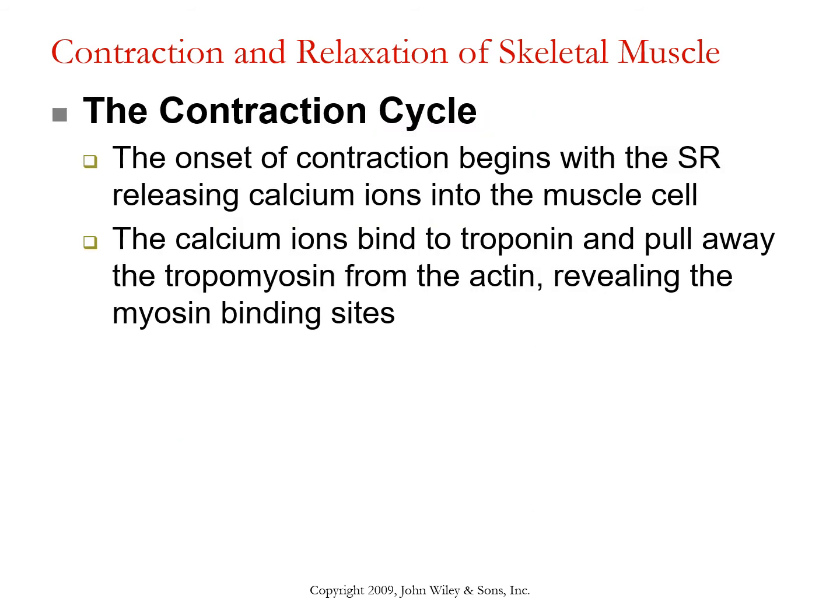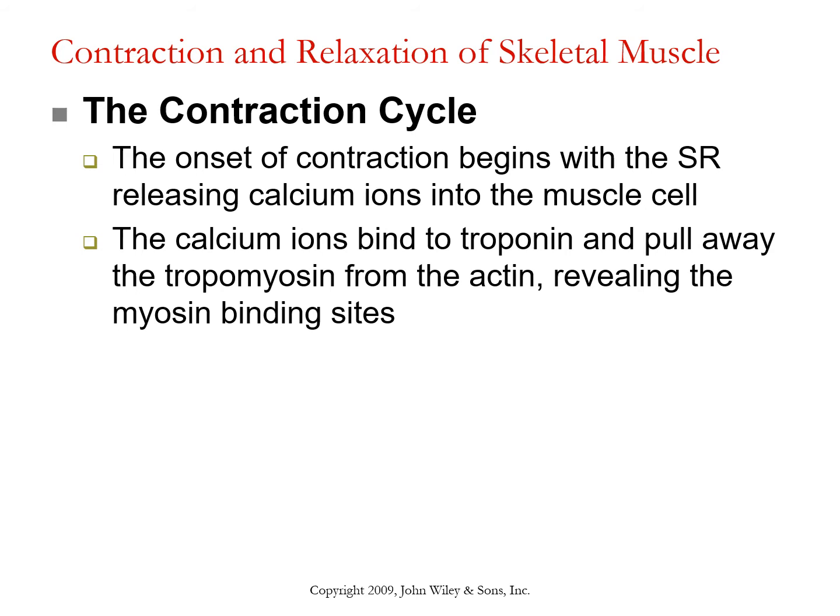All right, so now we're going to relate the anatomy to the physiology of contraction. As we consider the contraction cycle, it really begins with an electrical impulse from that somatic motor neuron. That then leads to the release of calcium, which is stored within the sarcoplasmic reticulum within muscle cells.